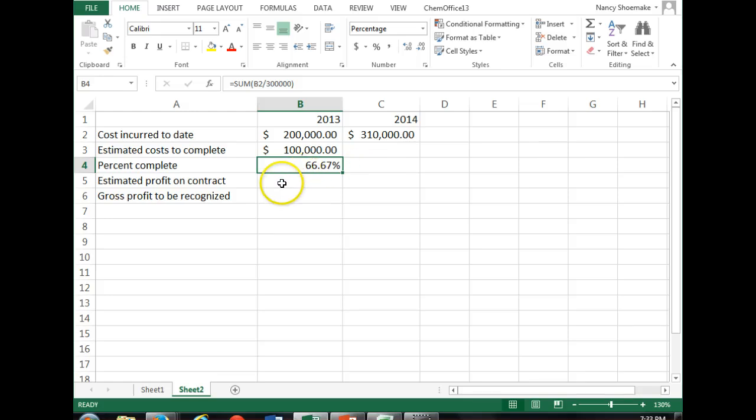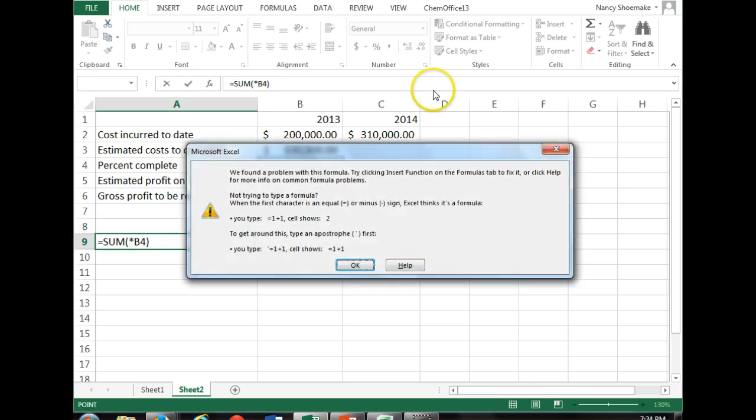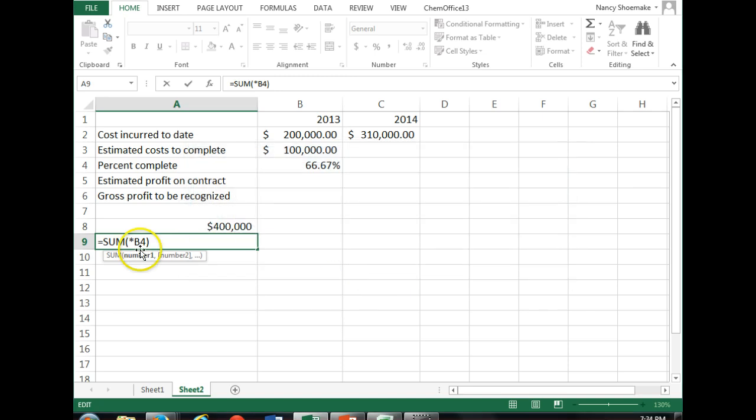So if the estimated profit on the contract, if in this year we know 400,000 is the cost of the full contract, what we'll do is show the 400,000 times this 66.67%. I don't know what I'm doing wrong.